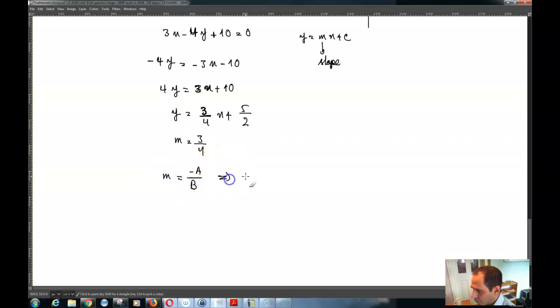So that means that over here you don't have to go through all of this calculation. You can write your slope as negative a to b. Over here your a is equal to 3, your b is equal to negative 4, and c is equal to positive 10. So negative a to b would be negative 3 to negative 4, or 3 to 4, which is the same thing that you see over here.